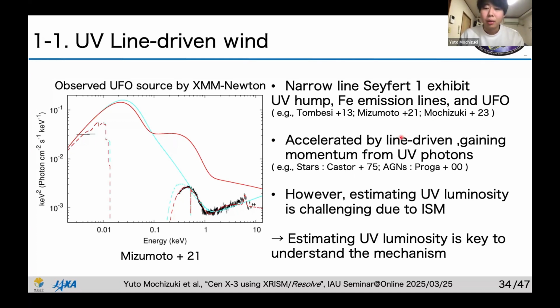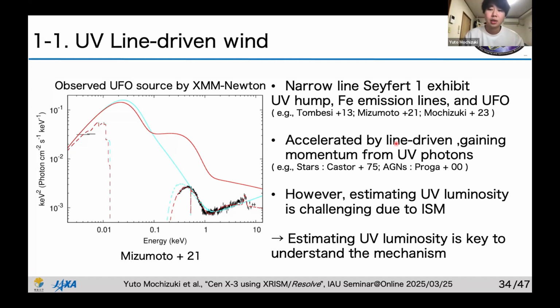It's where atoms gain momentum when UV photons are absorbed by atoms in bound-bound transitions. Understanding how the wind is accelerated by these line-driven processes is important to reveal the co-evolution of AGN and host galaxies.